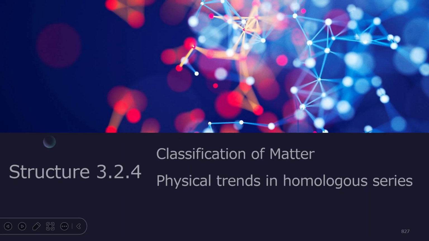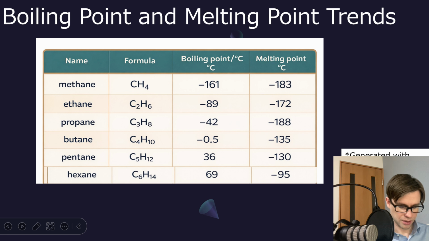So the next section, 3.2.4, is just about physical trends in homologous series. Mainly, there's one physical trend we're looking at, which is boiling point and possibly melting point. So here, let's look at just the alkanes, the simplest series: methane, ethane, propane, butane, pentane, hexane, CH4, and then we're adding one carbon each time to the chain.